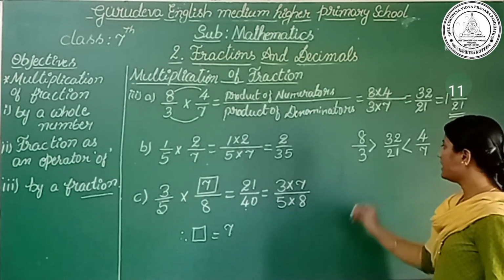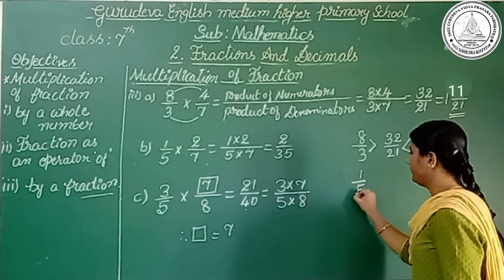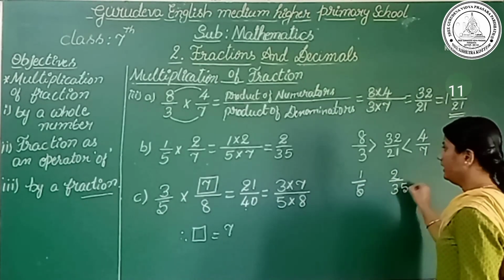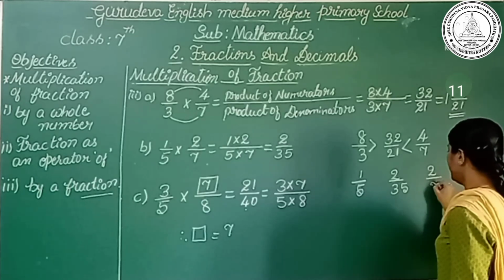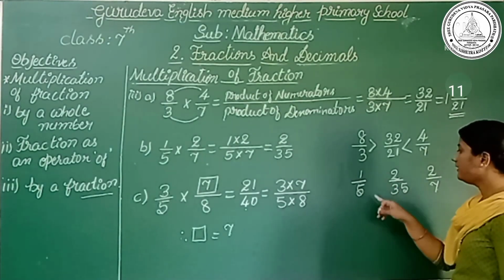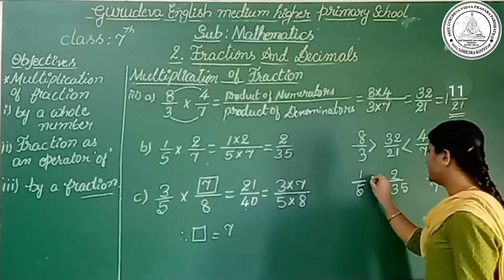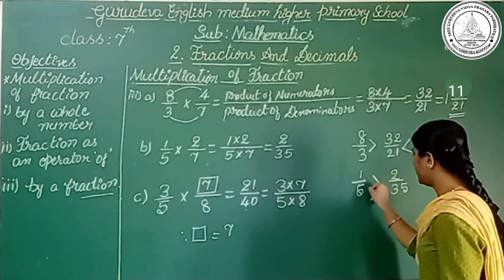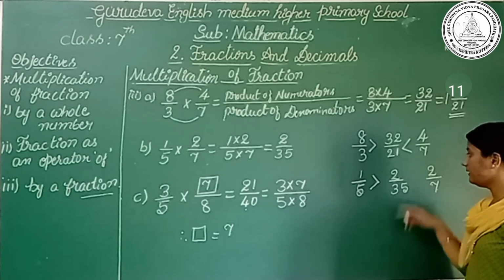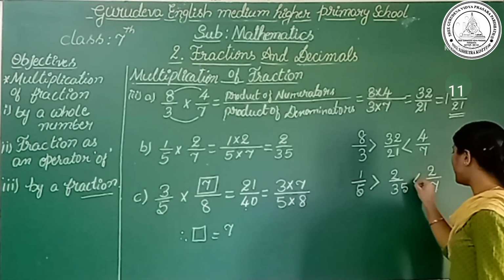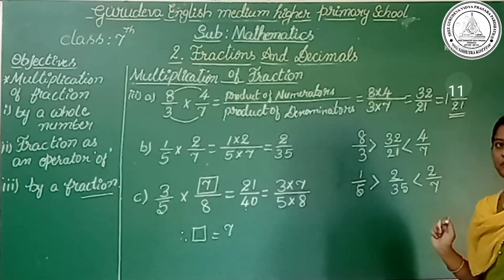So here also you may observe 1 by 5 and 2 by 35, and the other fraction is 2 by 7. Okay, so 1 by 5 is greater than 2 by 35, and 2 by 35 is less than 2 by 7. Right?